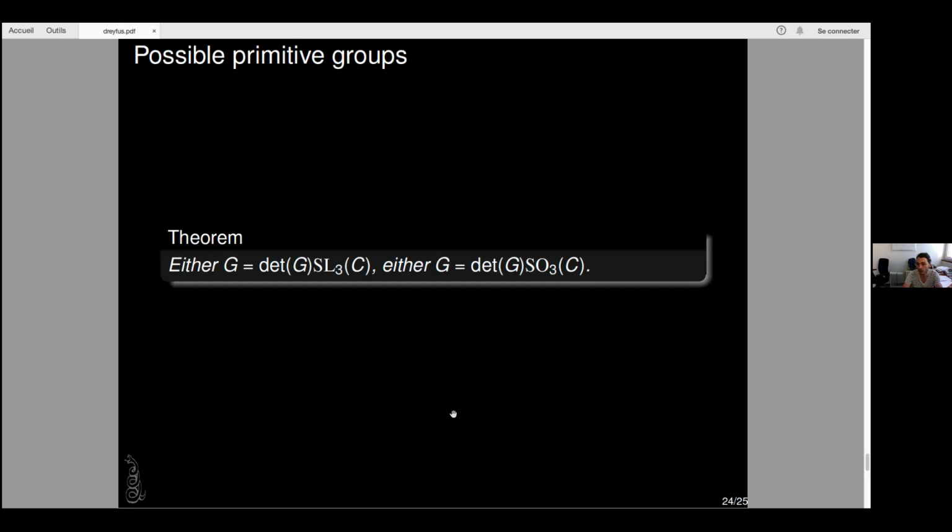You have SL3 and you have SO3, which is a special orthogonal group. And when you consider equations of bigger order, you will have a lot of primitive groups that may occur. So we need a criterion that tells you if you are in the SL3 case or in the SO3 case.